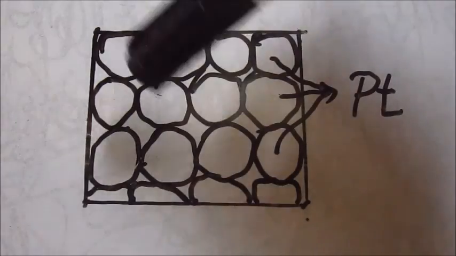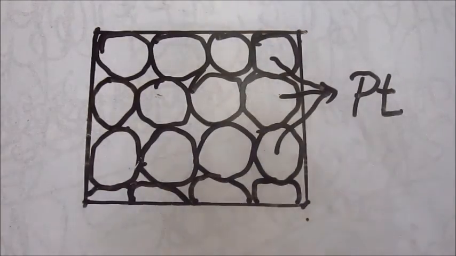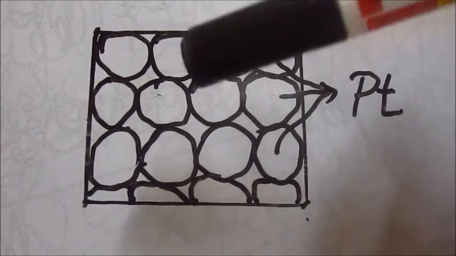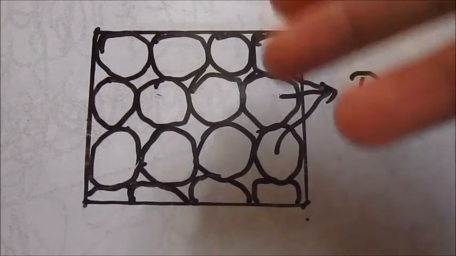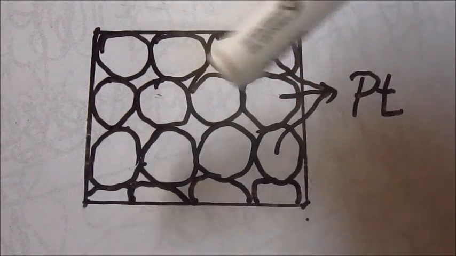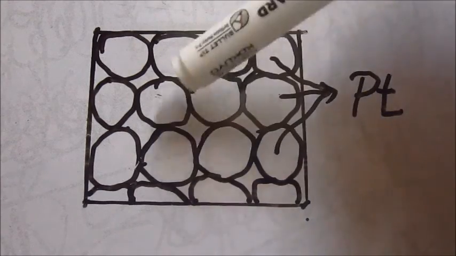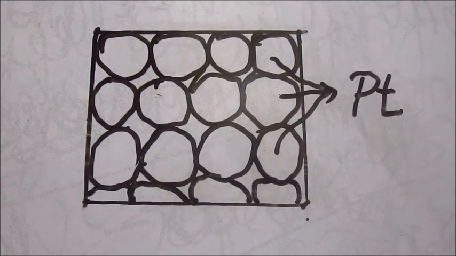Each exhibits the same properties as the platinum as a whole. Each molecule also consists of some other fundamental particles, or the basic particles called atoms. Now let us say that these are the atoms of platinum.